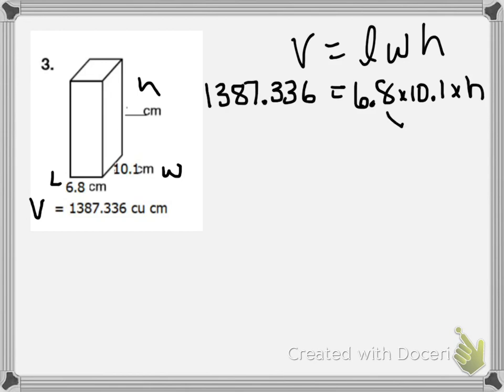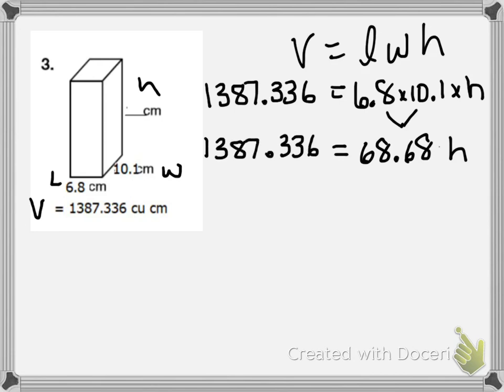All right, so I'm going to multiply the length and width together. And that gives us a product of 68 68/100 times the height. And that equals this volume. And then again, our last step is to divide both sides by 68.68.